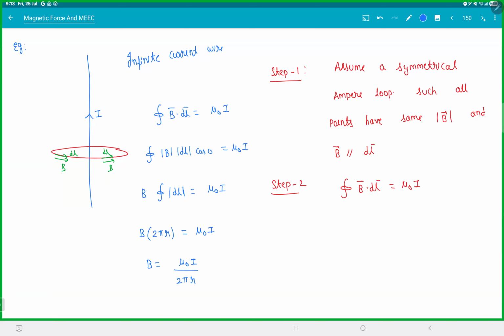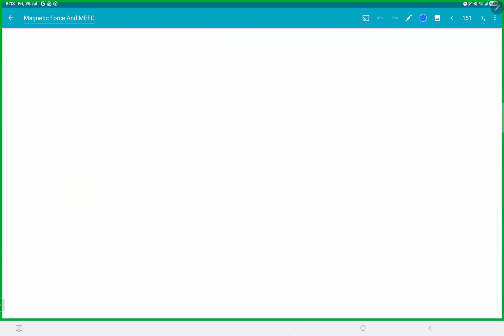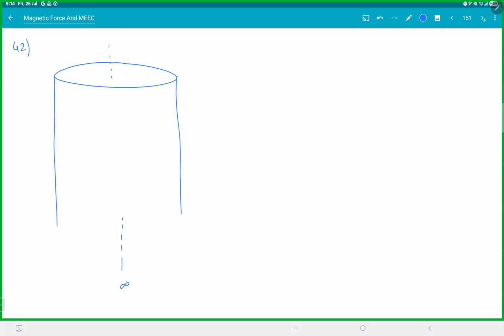This is the idea of how we do it. We will do a few more shapes. Now you guys try this. These are shapes we couldn't do with Biot-Savart's law, so they were a little difficult. Infinite hollow cylinder. Just like in Gauss's law, we did an infinite charged hollow shell.